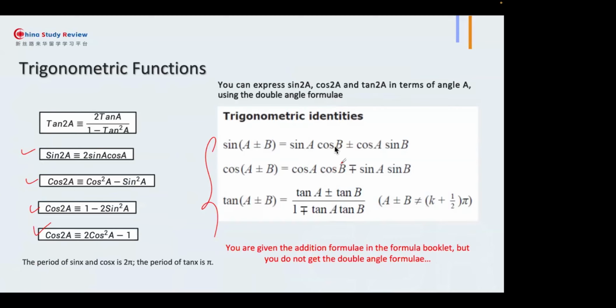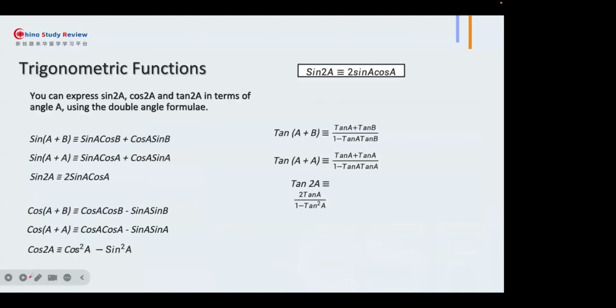But you have to pay attention to here because this often leads to mistakes: cosine of A plus B is negative. All right, it's negative, but A minus B is positive. All right, so this is inverse. Okay, as I mentioned before, this one is important, this one is important. The others, this and this are important. All right, so you know the idea.